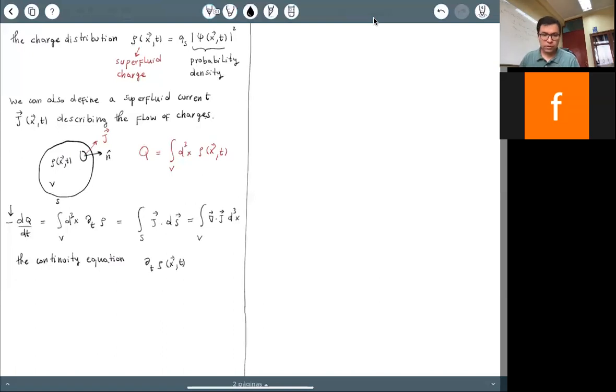So the partial derivative with respect to time of the charge density equals minus the divergence of this vector field, which is nothing but the superfluid current.